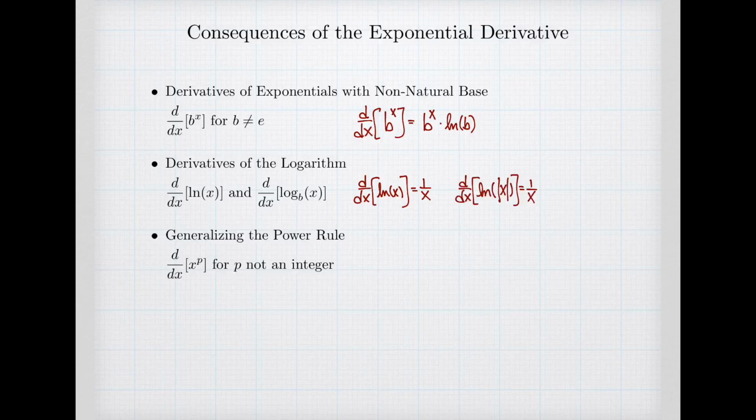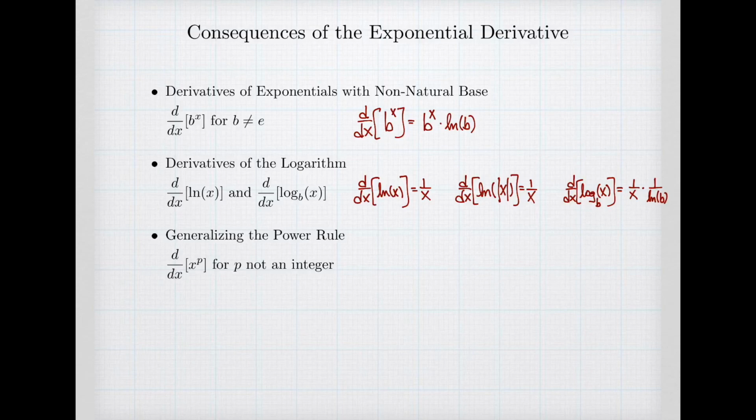Now, if you use the same idea that we used for exponentials and logarithms base e, and you did the same thing to base b exponentials, arbitrary, what you would find is that if I take a derivative of a logarithm in another base, say base b, you again get 1 over x, except that you need to multiply by 1 over the natural log of the base.